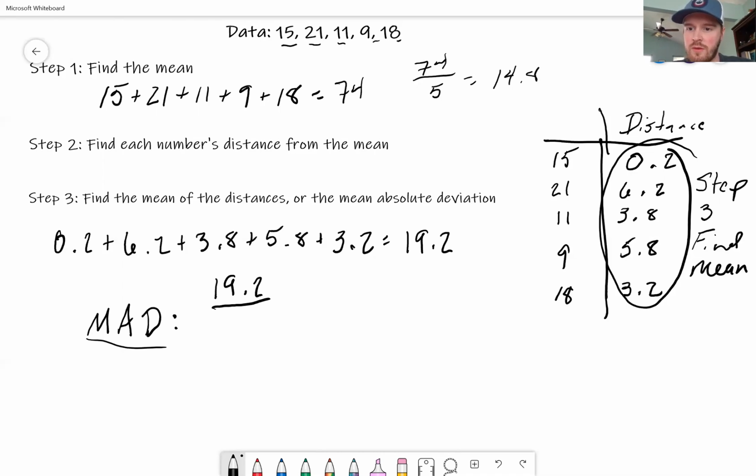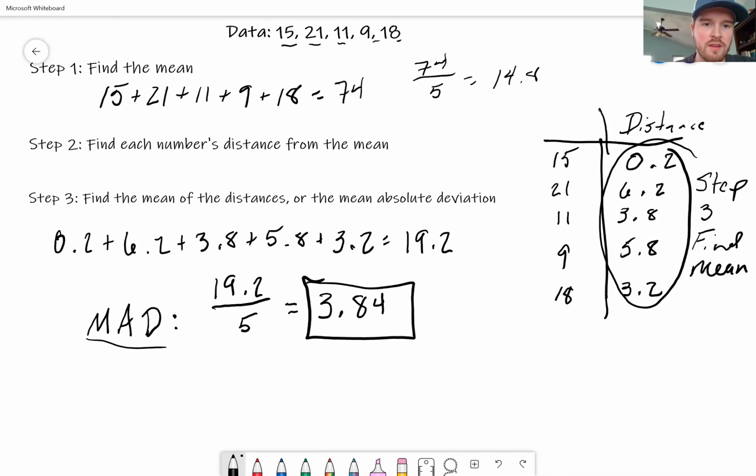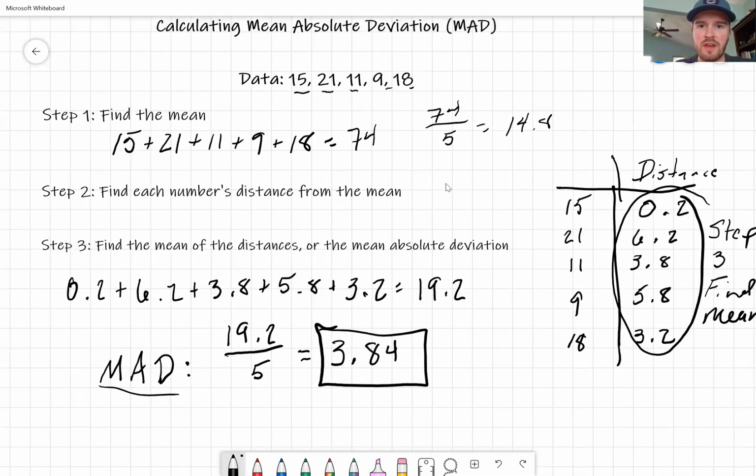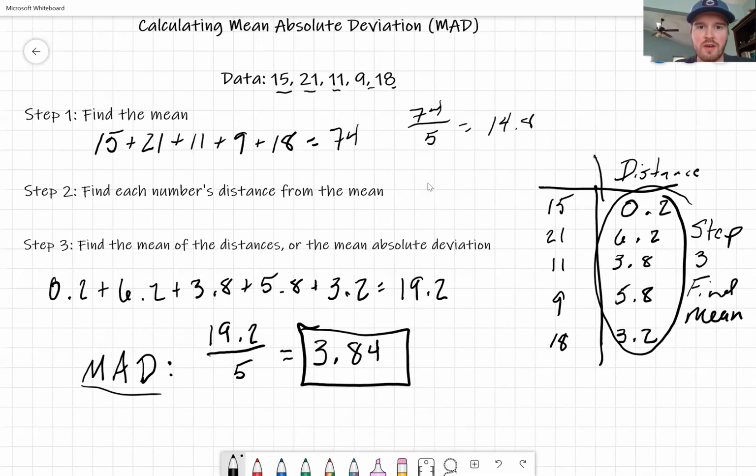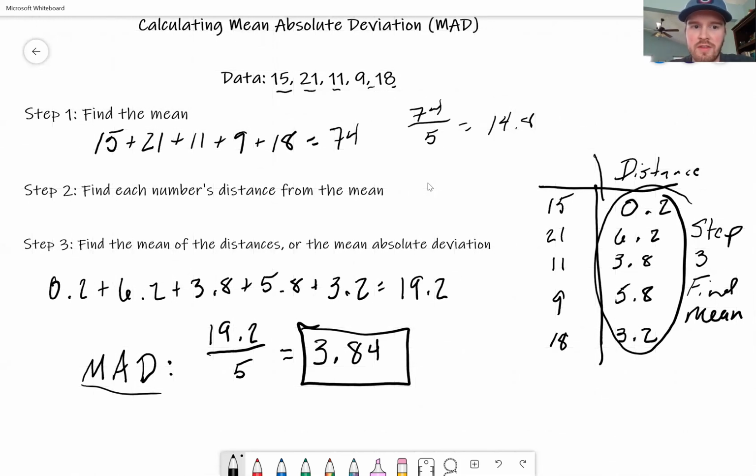So we have 1, 2, 3, 4, 5. So 19.2 divided by 5. And if you do that, that gives me 3 and 84/100ths. All right, so that is our final answer. That is the mean absolute deviation of this set of data.